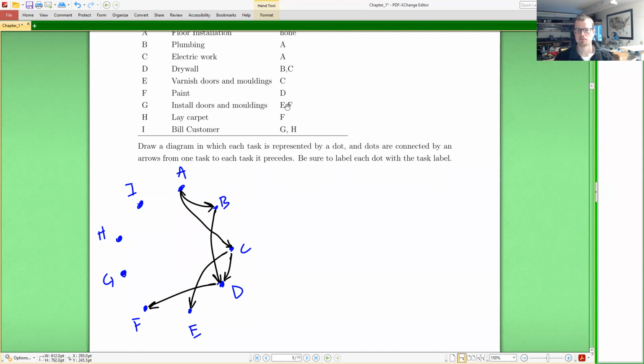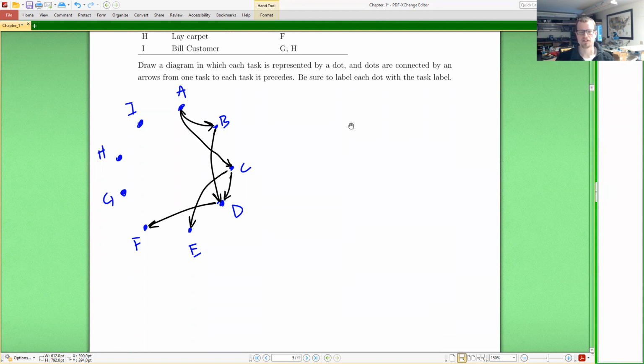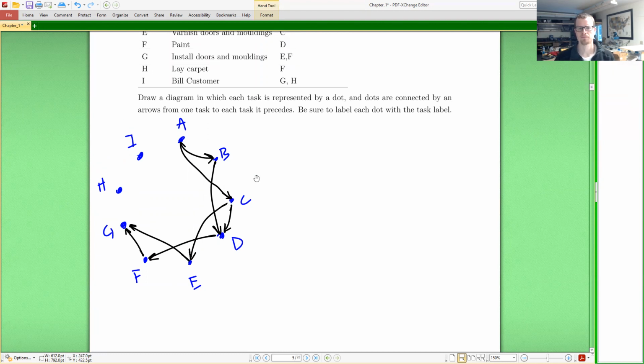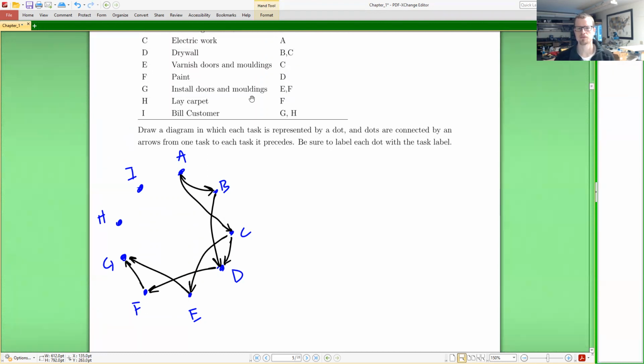G is preceded by E and F. H is preceded by only F. And I is preceded by G and H.